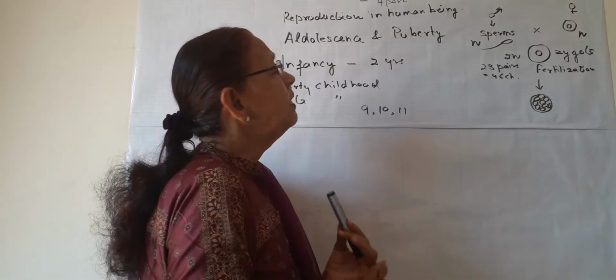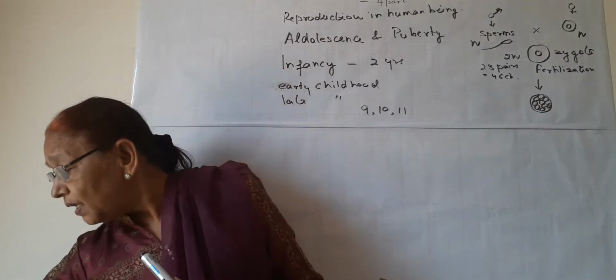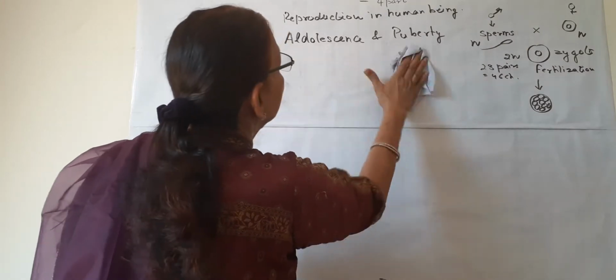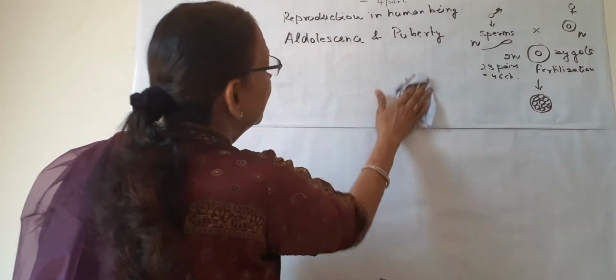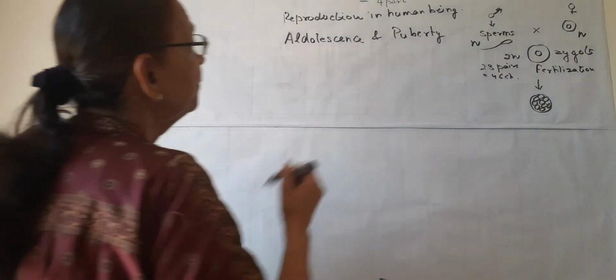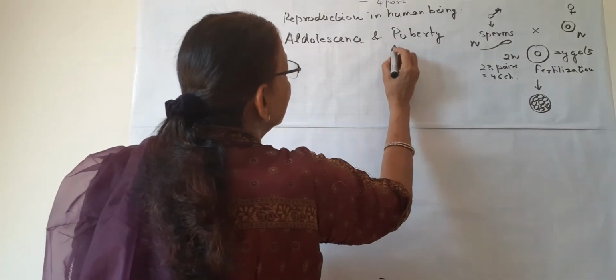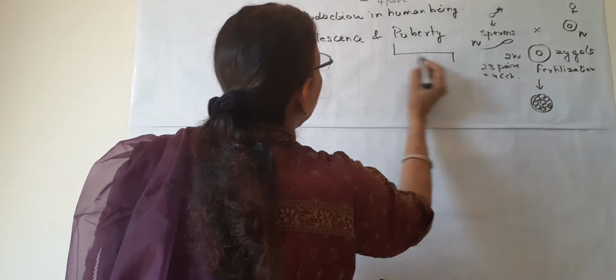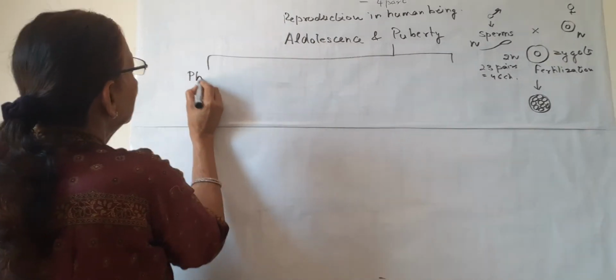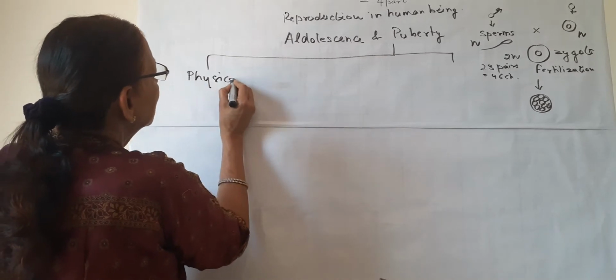Now we will see what changes take place in puberty. So we can write a few changes, very simple, all of us know. So in puberty, the changes are of 2 or 3 types, suppose. First, they are physical changes.